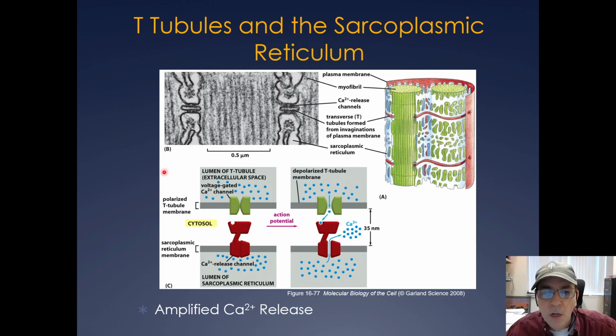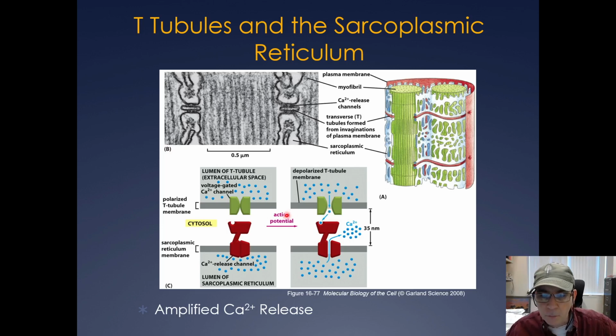Okay, and so when an action potential travels down a neuron, eventually it will cause a depolarization in the T-tubule membrane. Okay, and that has a voltage-gated calcium channel in it. When the T-tubule gets depolarized, the voltage-gated calcium channel opens, and calcium flows out.